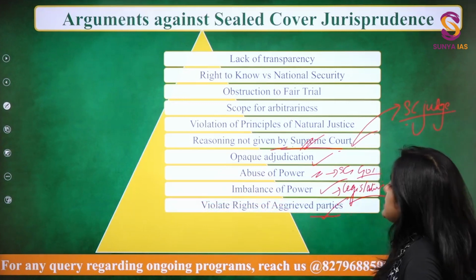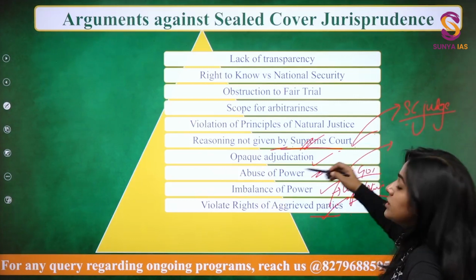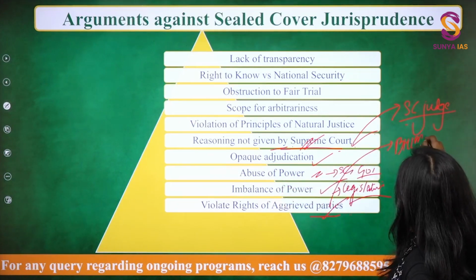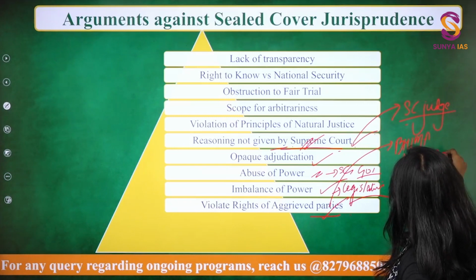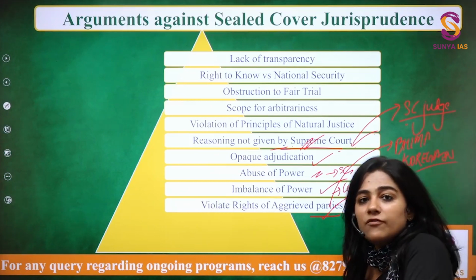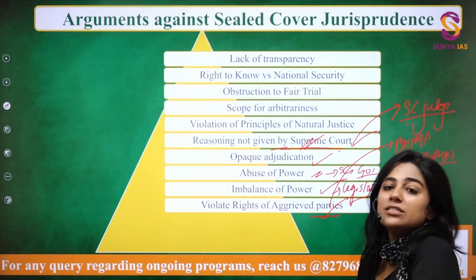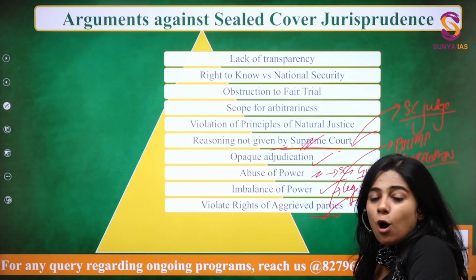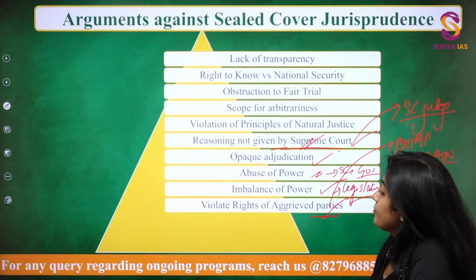Then it violates the rights of the aggrieved parties. So let's say, for example, the people who were implicated under the Bhima Koregaon case, if they don't know why they were implicated at all, then this becomes a violation of Article 22 as well, because everyone who is arrested needs to be informed about their grounds of arrest, right?